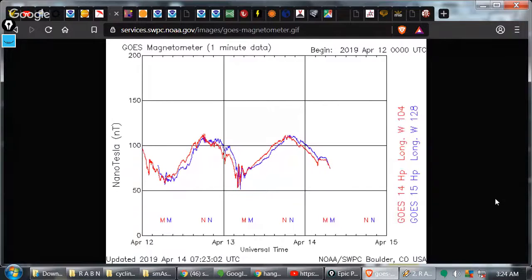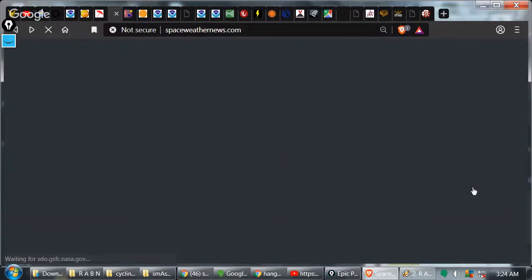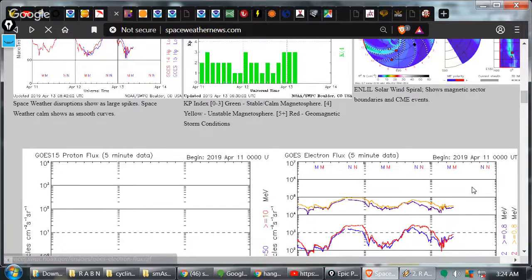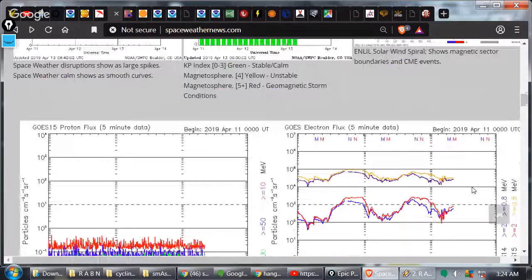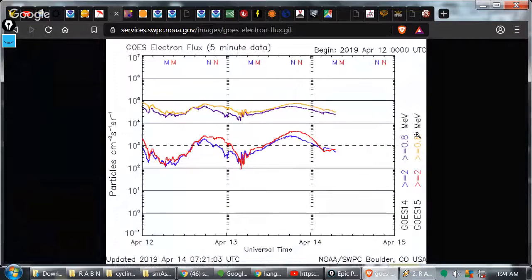There's the current data. Nothing too extravagant going on there. Things looking pretty normal. Here is the electron flux, also not updated at spaceweathernews.com. There's the current data. Had a little spike in X-ray and electron flux yesterday, but nothing really to speak of.